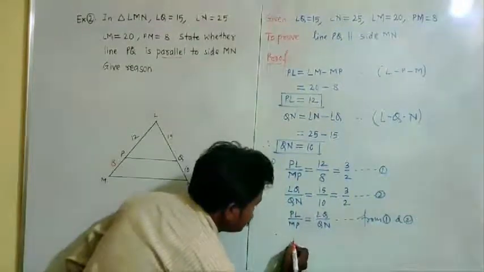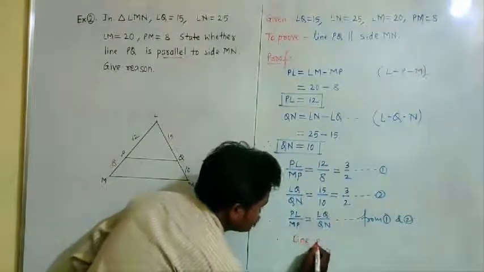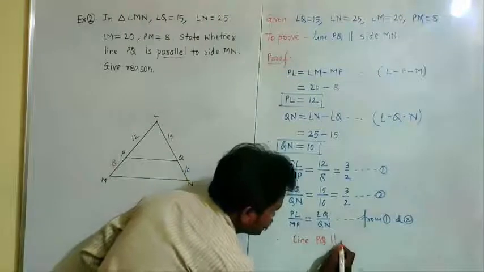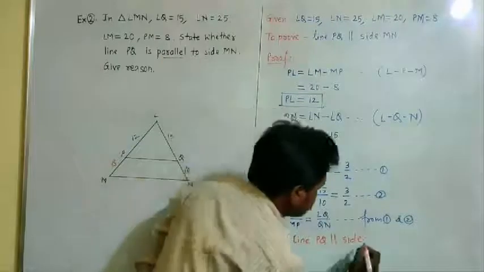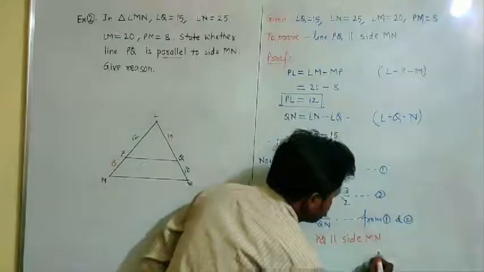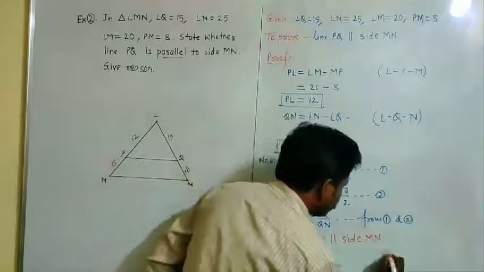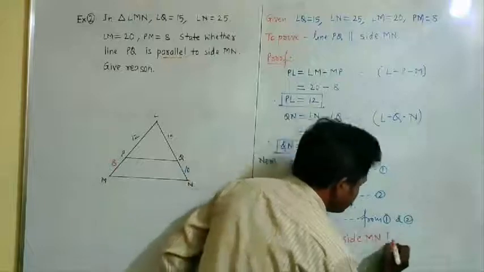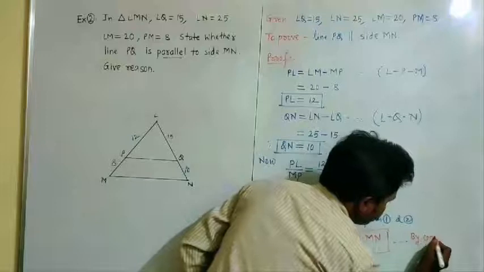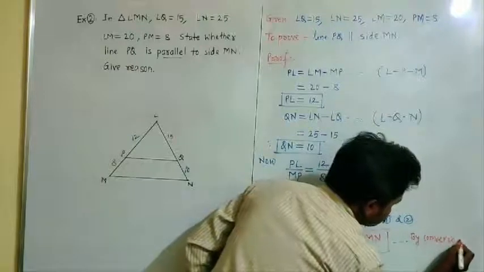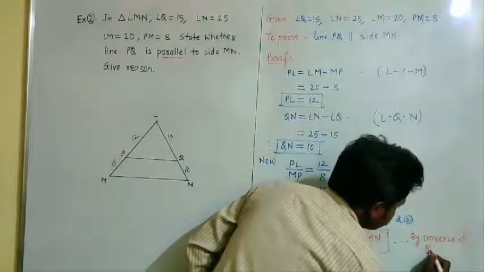Therefore, line PQ is parallel to side MN. That is our main statement, and the reason is the converse of BPT.